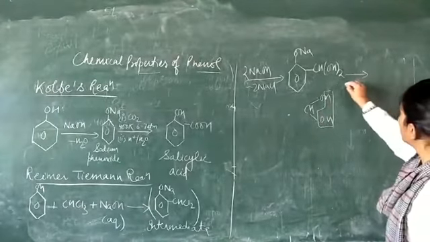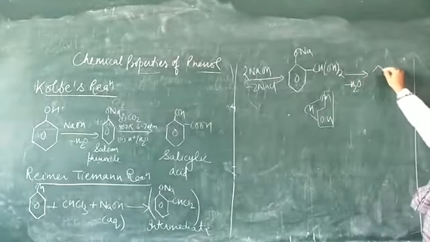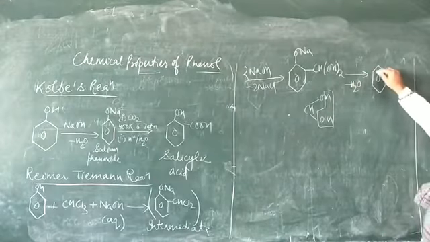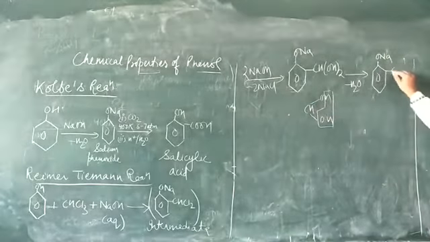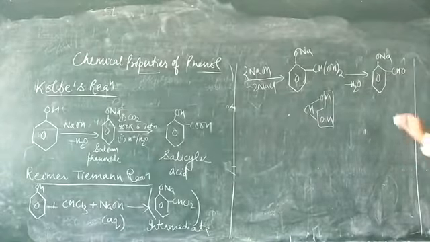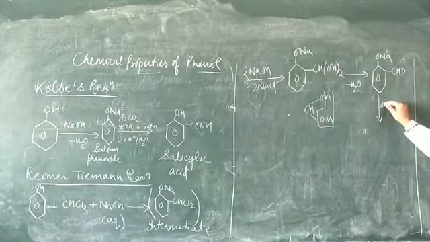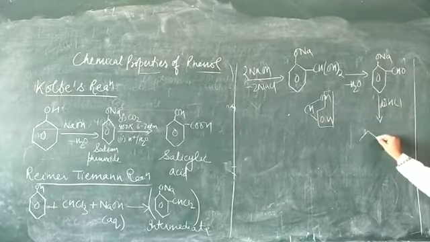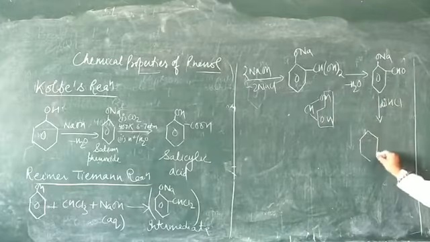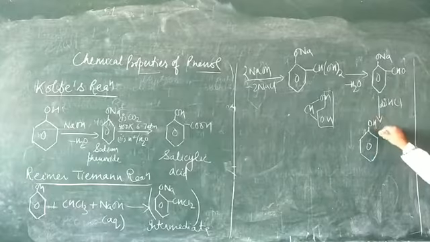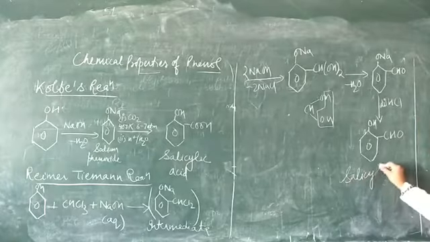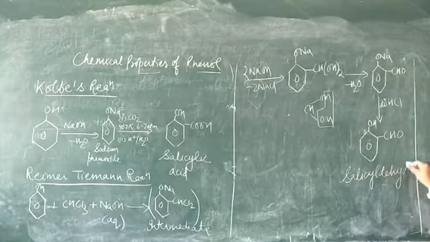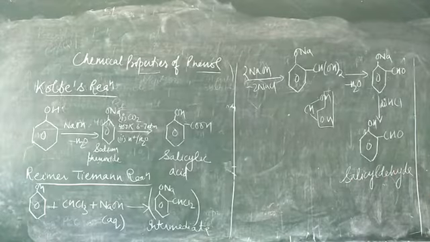So if the water gets removed, what is left then? It is ONa at the top, and here we get CH and O. This is left. Now, on acidification with dilute HCl, student, we will get here OH and CH=O. This is known as salicylaldehyde. We obtain salicylaldehyde, right?